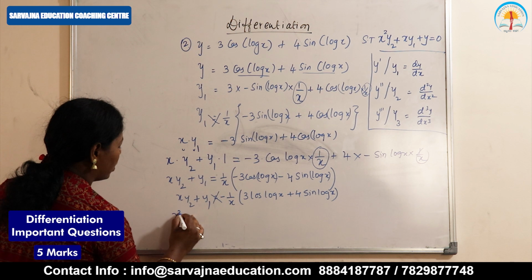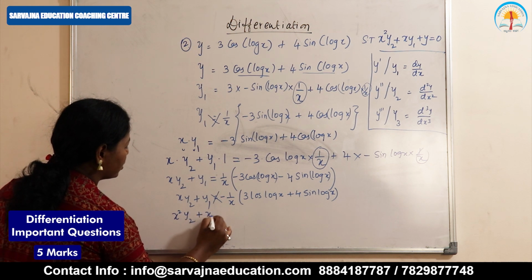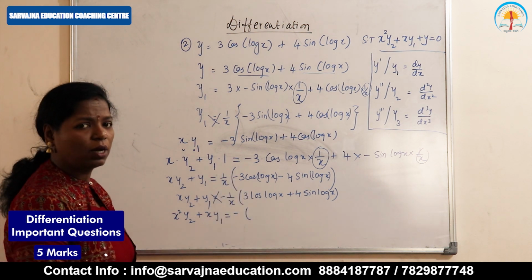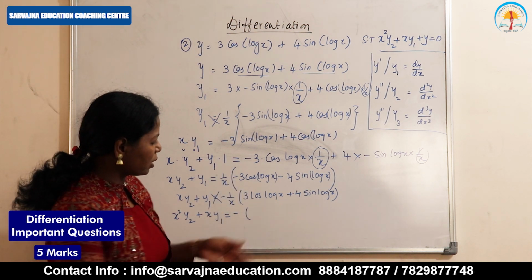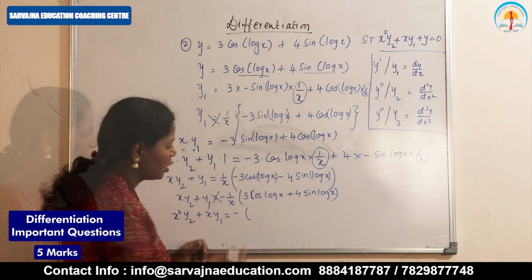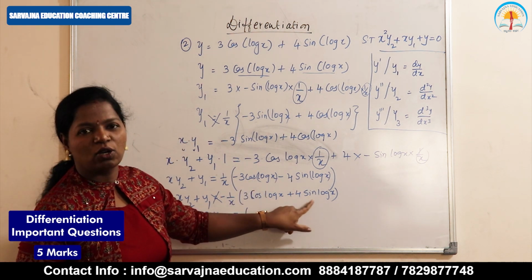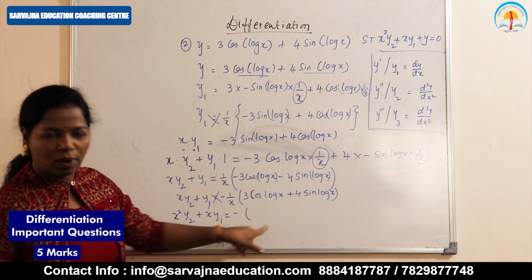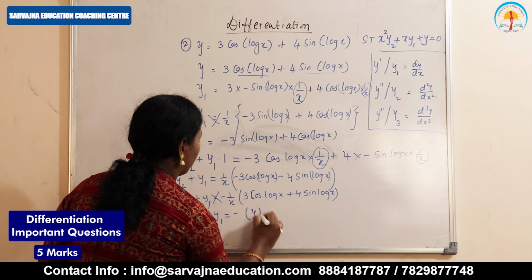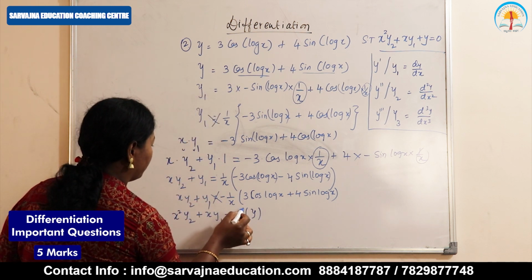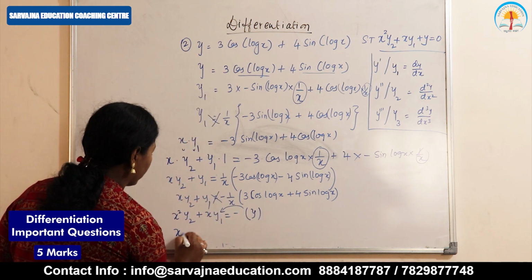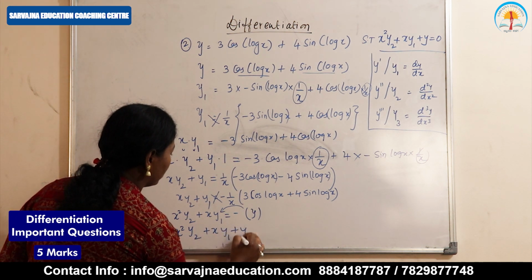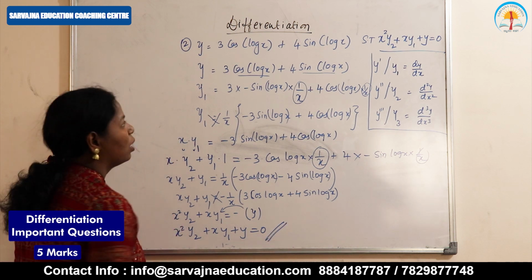So it will be x square y2 plus x y1 is equal to minus of, guys, one thing you have to observe, 3 cos log x plus 4 sin log x is nothing but the question. The question is nothing but y. So can I replace it with y? Yes. So y. Then I have to bring this to the left hand side. So x square y2 plus x y1 plus y is equal to 0. This is my answer.